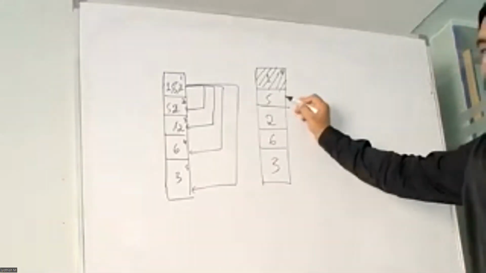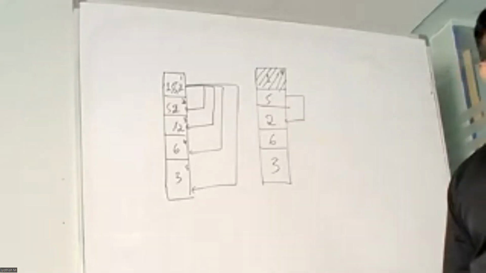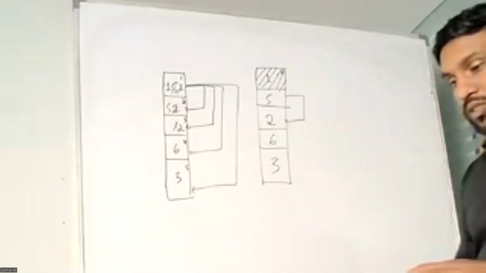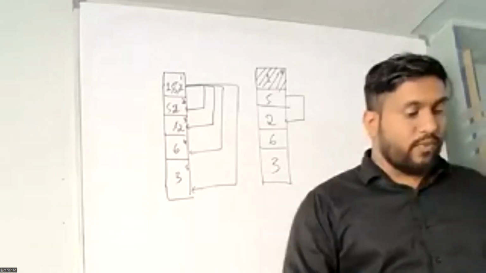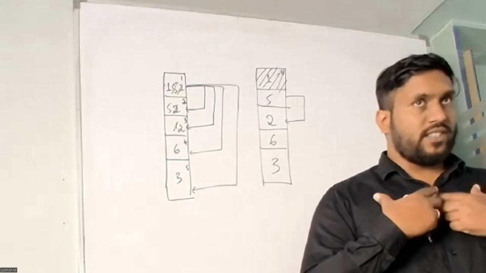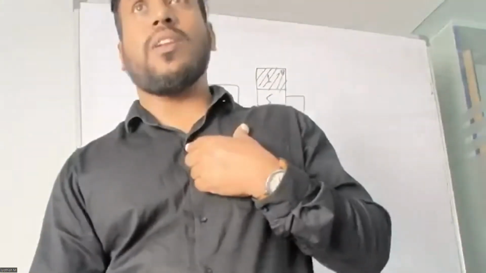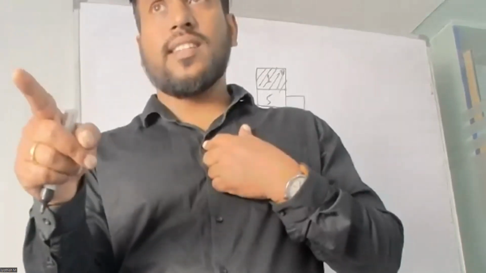Now take 5, compare with 2. That means you are comparing one number with the rest. If the I value is 0, you should compare with I plus 1 onwards.